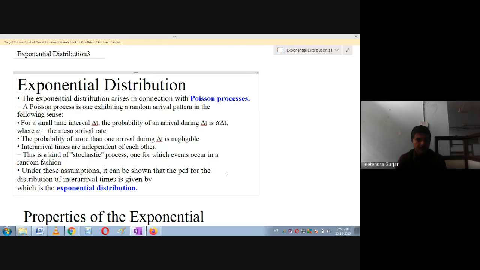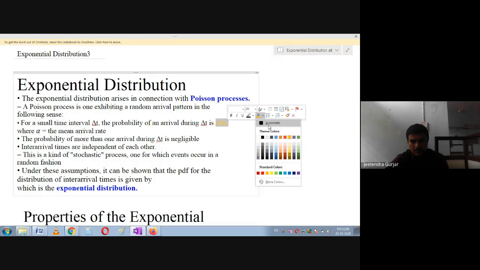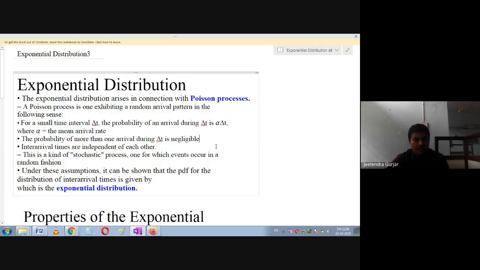We see a small time interval delta t. The probability of an arrival during delta t is alpha delta t, students, where alpha is nothing but the mean arrival rate.